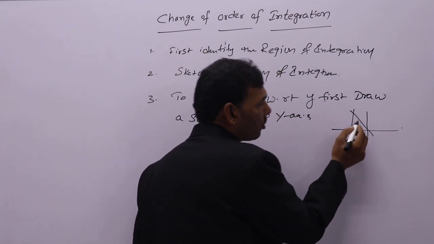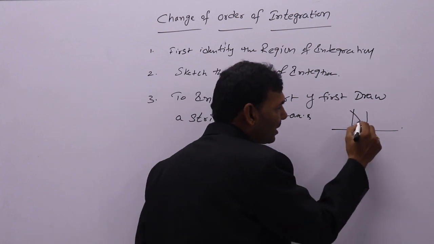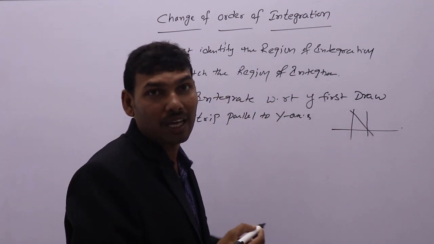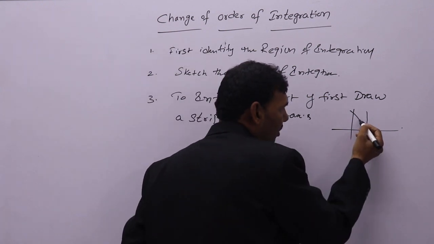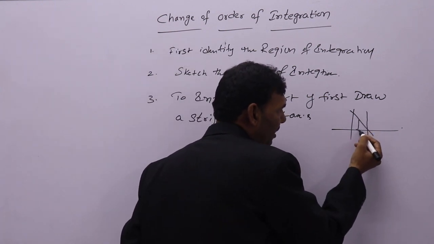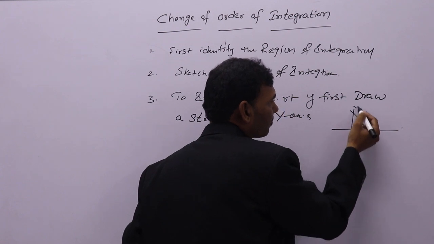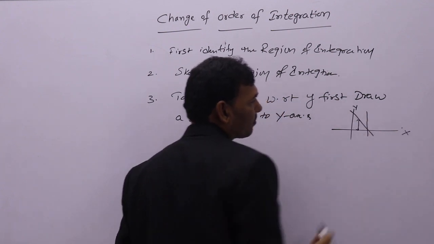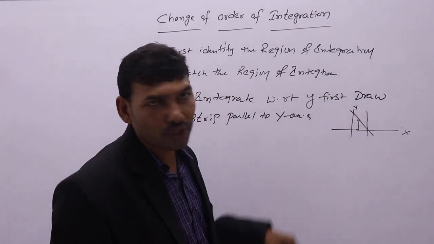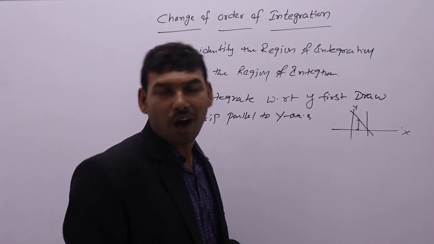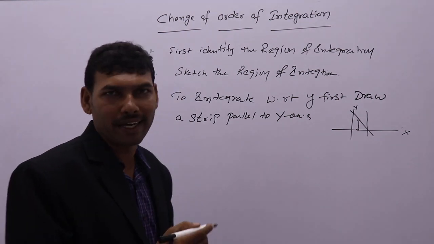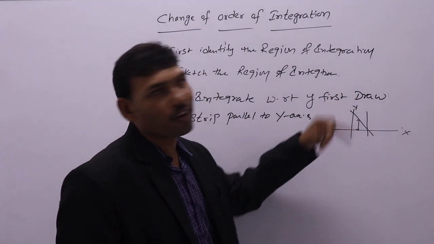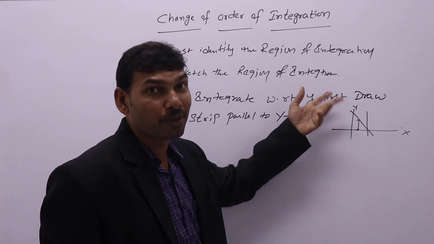In this, to get the y limits in terms of x, draw a strip parallel to the y-axis like this. This is the x-axis. This strip gives you the limits. How it gives them, we'll discuss in the problem in detail.